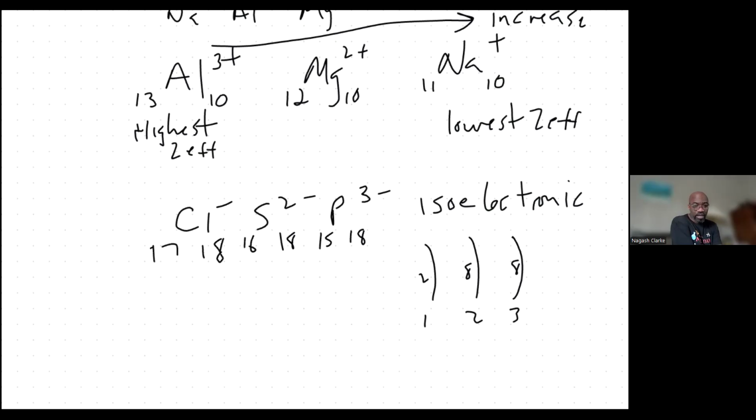So the size will increase in that order. In chlorine, I have 17 to 18, the smallest ratio of electrons to protons, so my Zeff is higher. In phosphorus, I have the biggest ratio of electrons to protons, so my Zeff is lower.